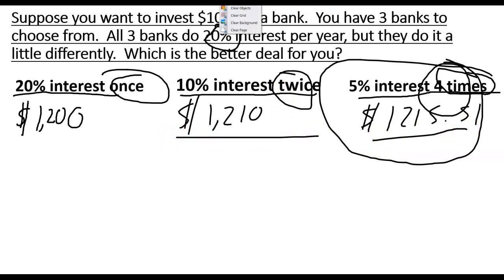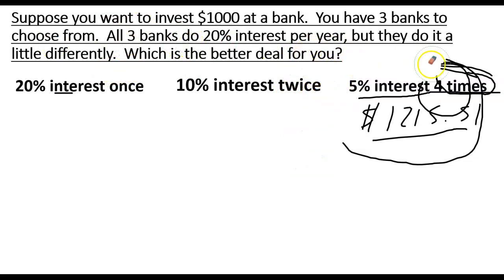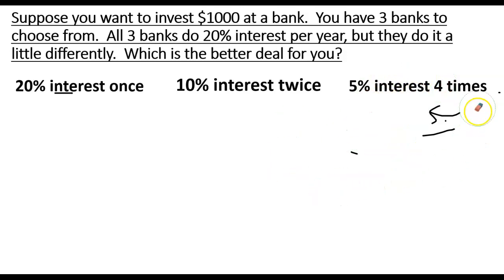Now, the next thing I want to show you guys is a faster and exponential way to get these answers. So let's go ahead and see if we can figure it out. So how do we get here a little bit more quickly instead of having to do it over and over and over again?